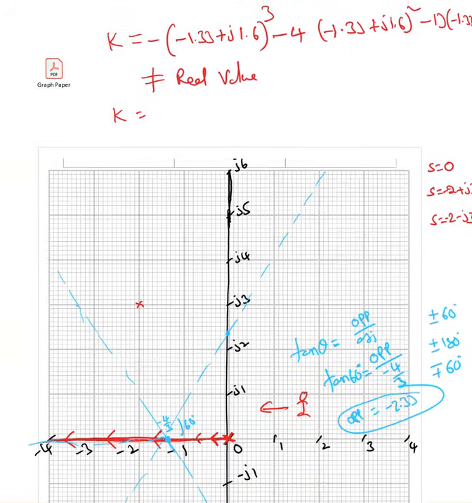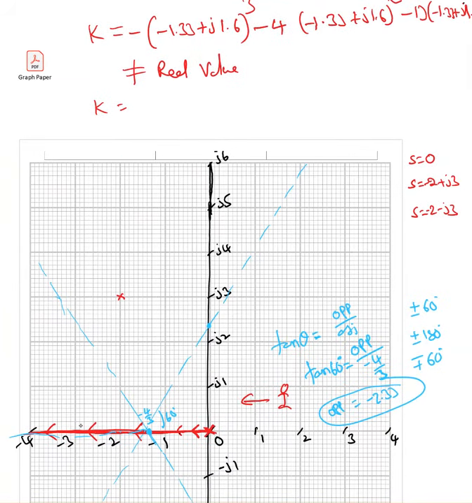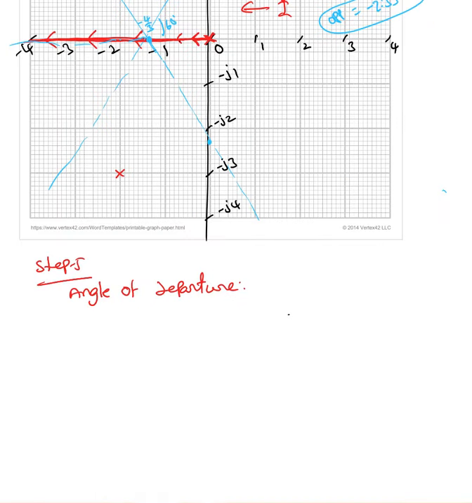As I mentioned, it's not possible here to have a breakaway point because the root locus always starts at the pole and ends at a zero. I don't have any zeros here, so if you don't have a zero, that locus is going to go directly towards infinity. So definitely it's going to go straight in that direction.